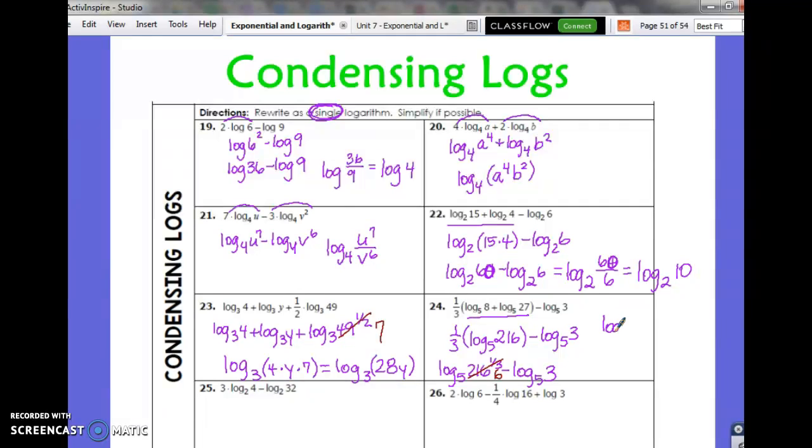So you'll have log base 5 of, and that 6 is the first term, so it goes in the numerator. The 3 is the second term, it goes into the denominator. And 6 over 3 can be reduced to just 2. So log base 5 of 2.